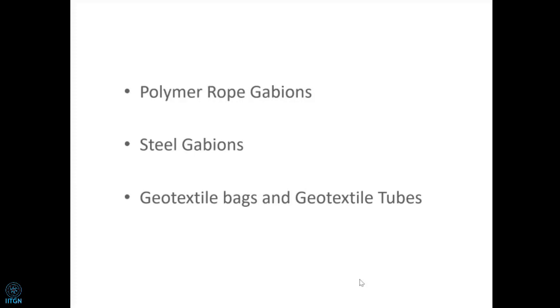Or if you don't get the stones in those areas, locally available soil material is put in textile bags and they are put in a certain arrangement. They are called geotextile bags. If they are in the form of a tube, they are called geotextile tube. So we will see all about this.